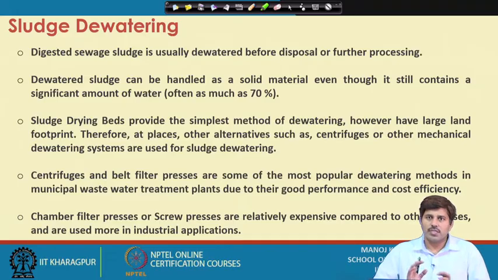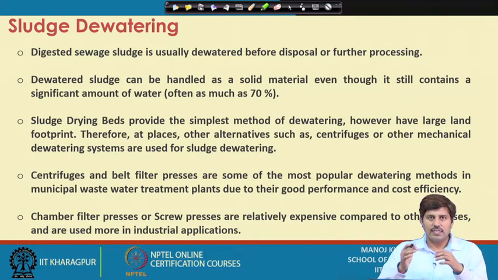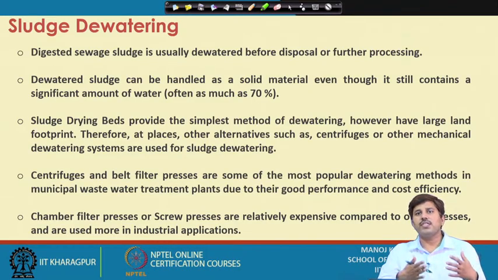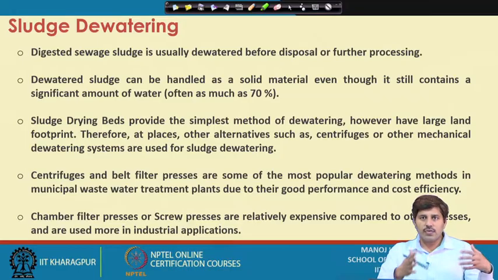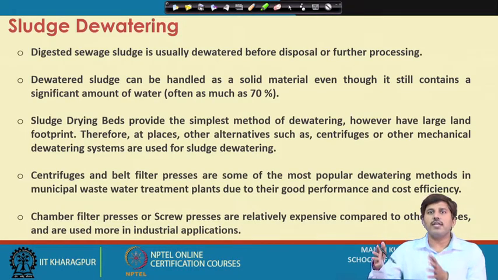So there is still more than half water content, but this sludge is so thickened or dried that it can be handled as a solid material. That is the advantage of sludge dewatering, which converts it from the liquid or slurry stage to the more or less solid stage.